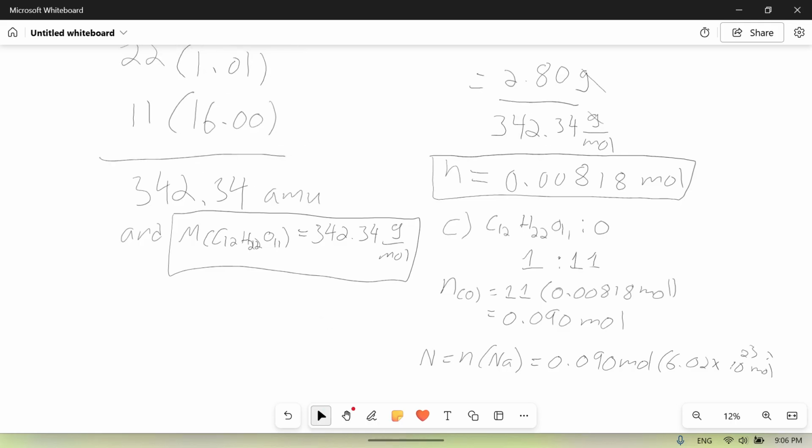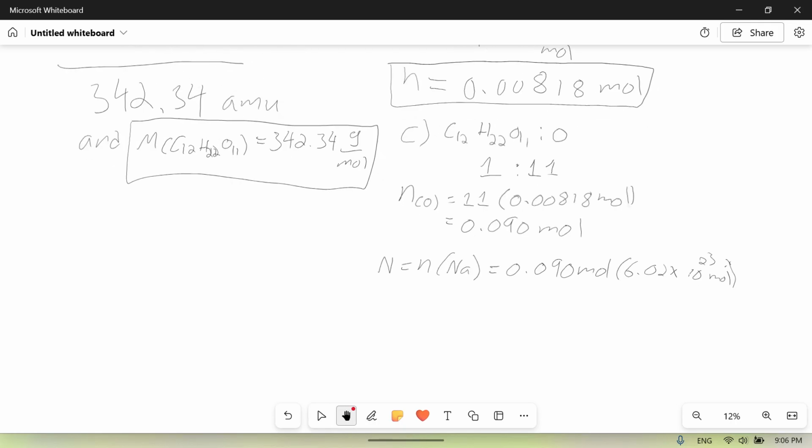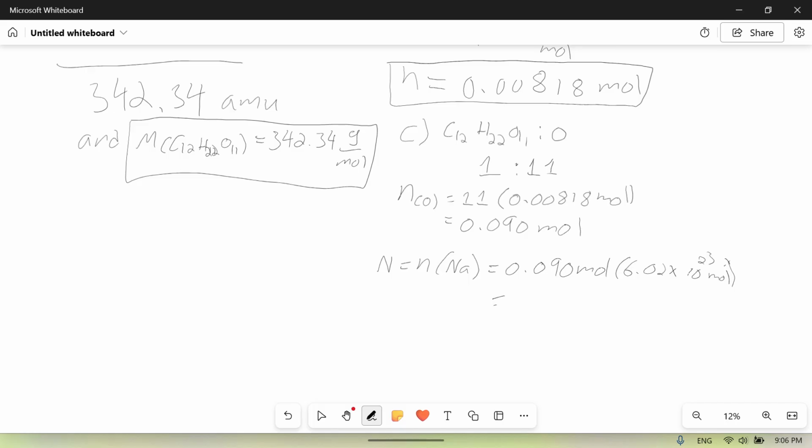Kind of out of space here. Okay. So what does that come out to? This is 5.42, to 3 significant figures, times 10 to the 22 atoms of oxygen, specifically.